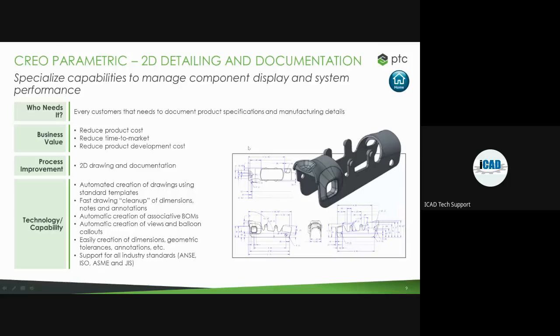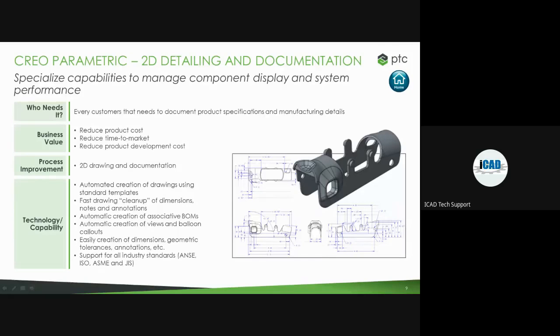Fast drawing, cleanup of dimensions, notes and annotations. Whatever standard features like hole notes, welding symbols, other annotations or dimensions you are giving, they will directly become available in the drafting window. It will automatically create the associative bill of material.